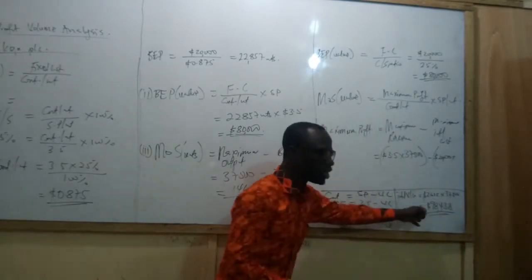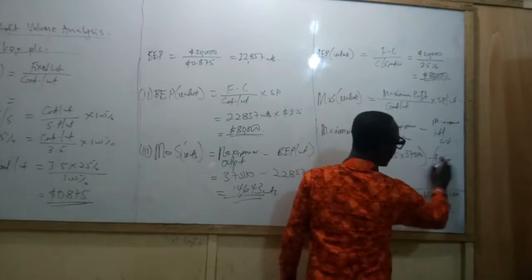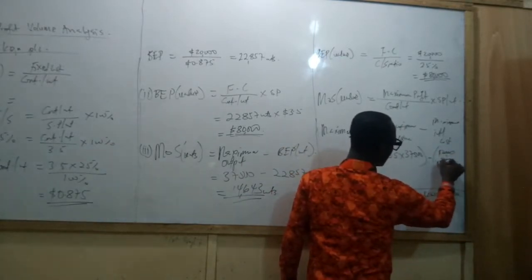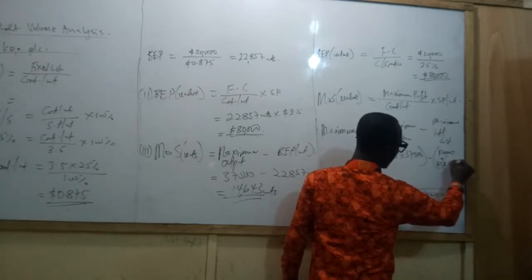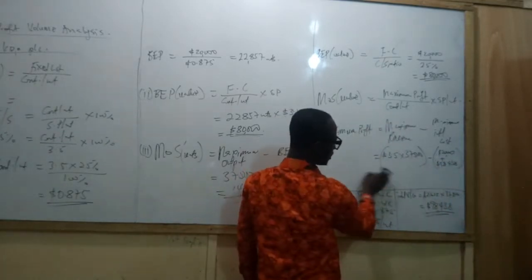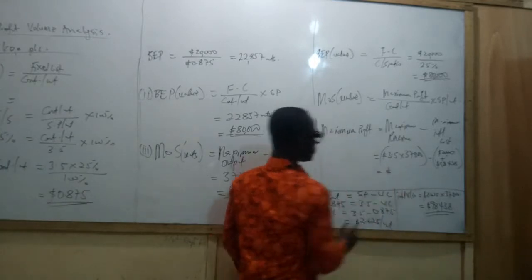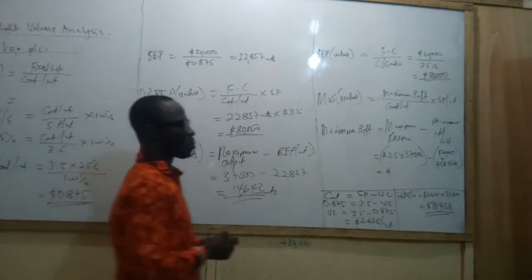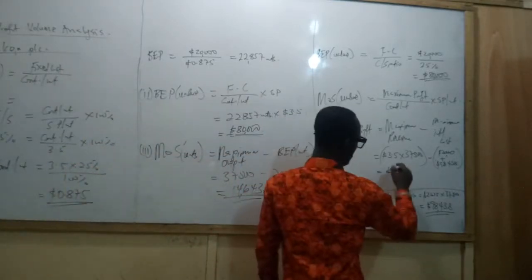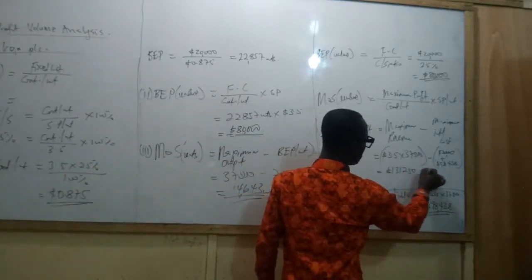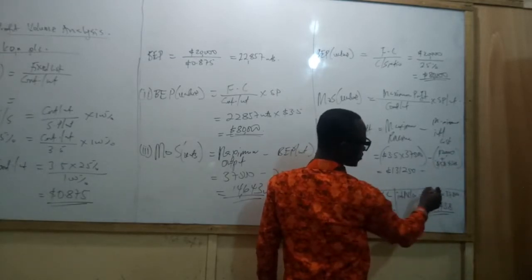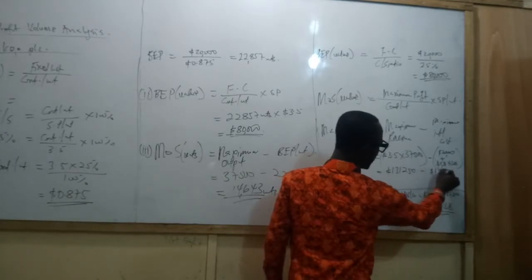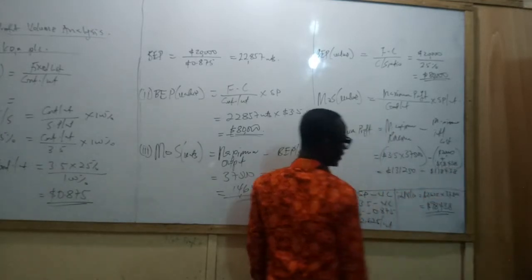So now that we have the total variable cost, we can add it to the fixed cost. So 20,000 plus 98,438. Give me answers. First one is 131,250. 131,250 minus 118,438.